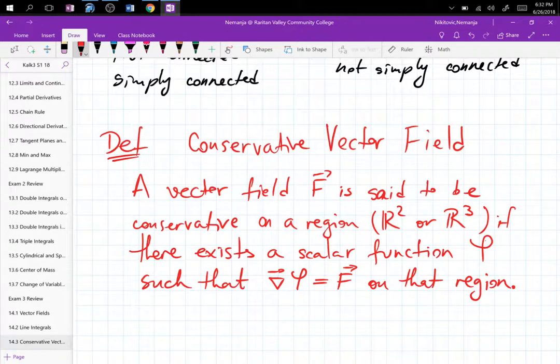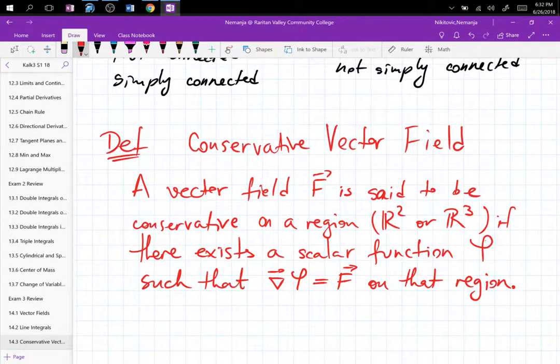If it is conservative, you will be able to find the potential function which generates that field. And once you have a potential function, you understand the concept that you are observing, whether that be ocean currents or wind or whatever you're trying to learn.